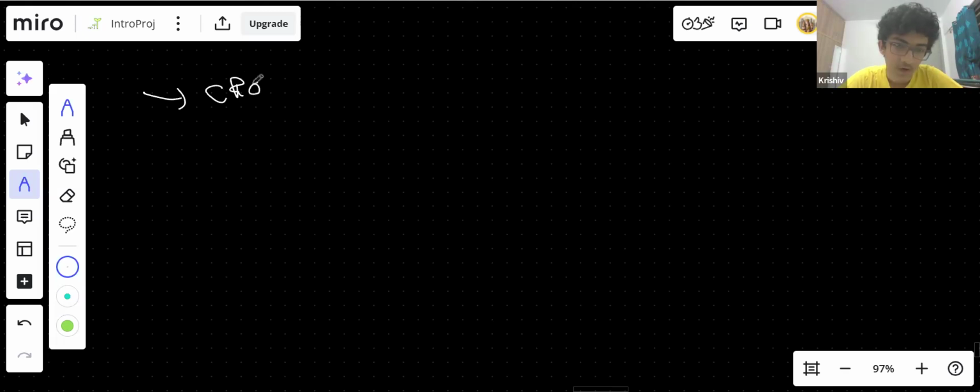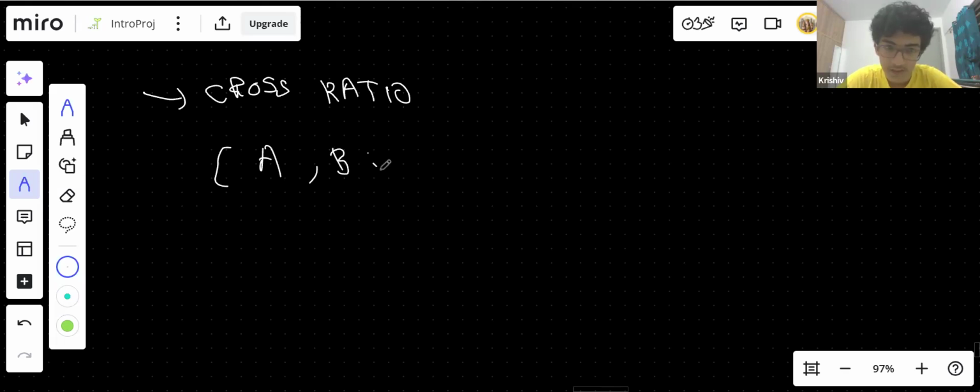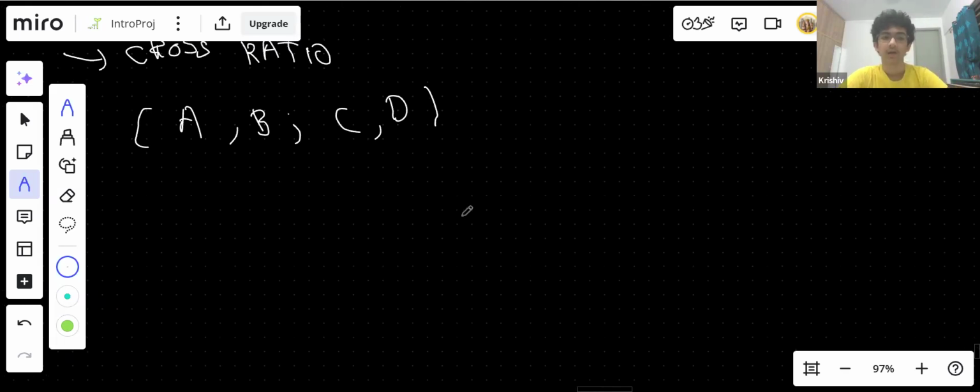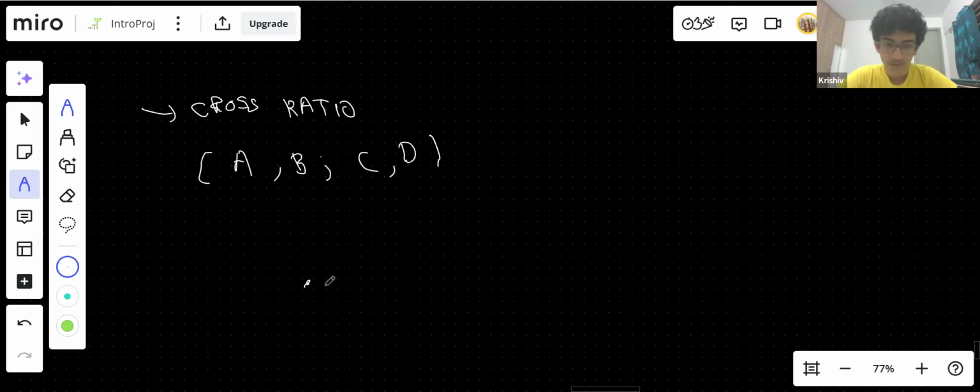We'll define a cross ratio. What is a cross ratio? Why is the ratio cross? What do you think, guys? Okay, so we'll define the cross ratio for any 4 points A, B, C, D. We're defining this for any four collinear points, by the way, for now at least.